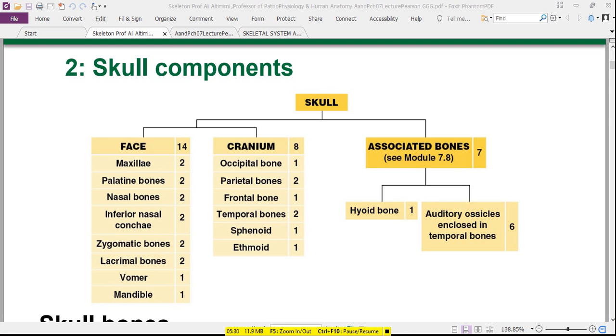With regard to the cranium, the cranial bones form 8 bones: occipital 1, parietal bones 2, frontal bone 1, temporal bones 2, sphenoid 1, and ethmoid 1. Associated bones, we have the hyoid bone 1, and the auditory ossicles included in the temporal bone 6. These are the components of the bones of the skull.